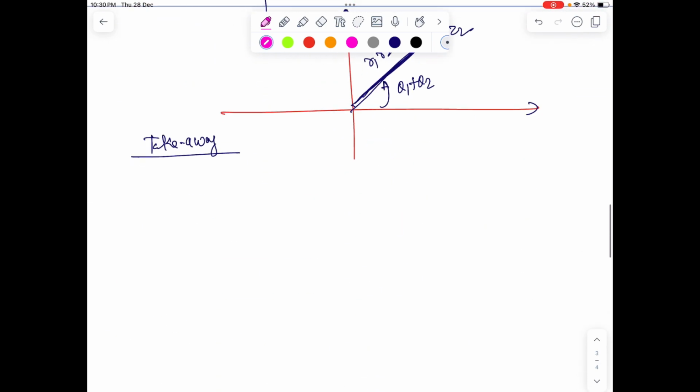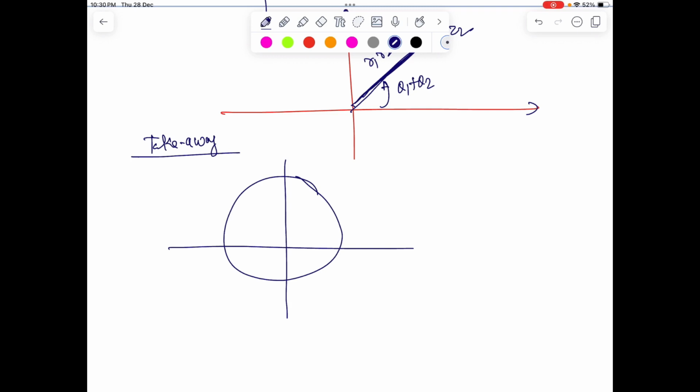And that's really cool, because it tells you, let's say you have got a complex number z1 which is a distance of 1 and an angle of 30 degrees. We have got another complex number, let's say z2, which is a distance of 2 and an angle of 60 degrees.